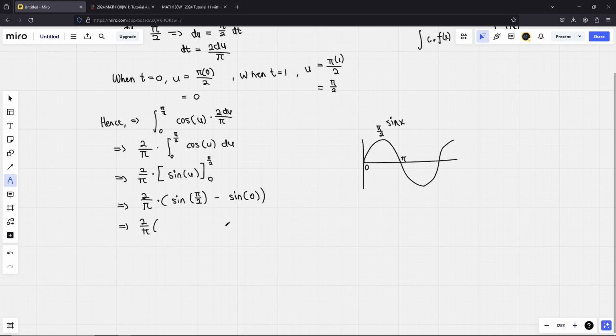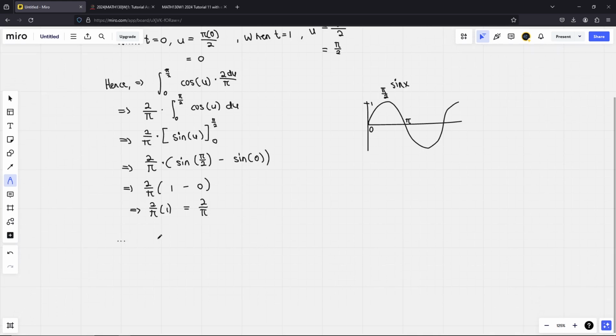So sin π by 2 is just going to be 1. Sin of 0 is just going to be 0. So we get 2 over π times 1, and that's going to be equal to 2 over π.